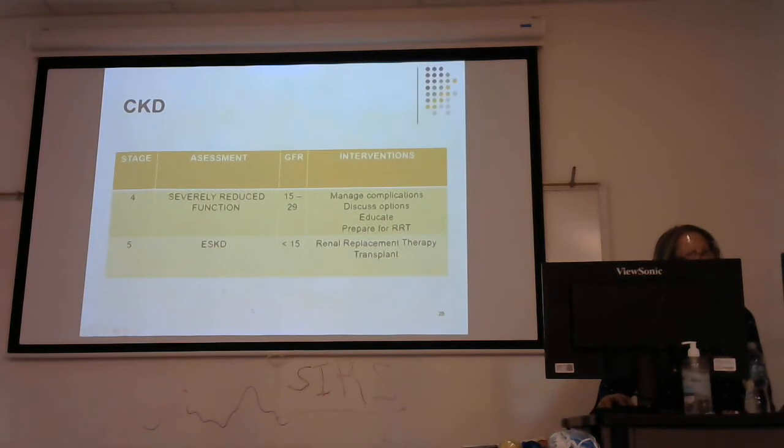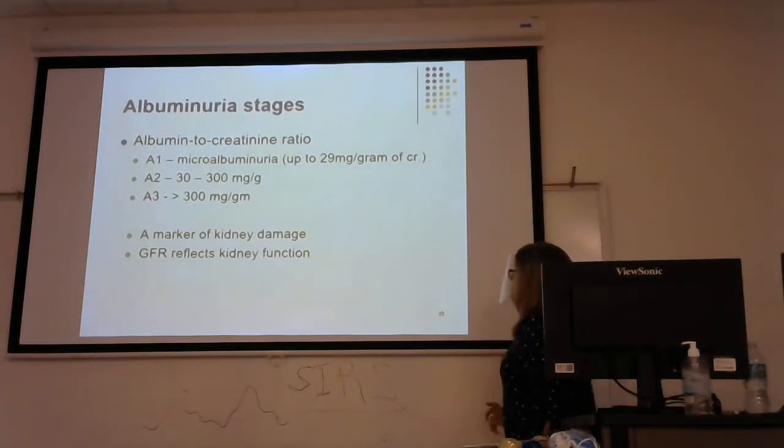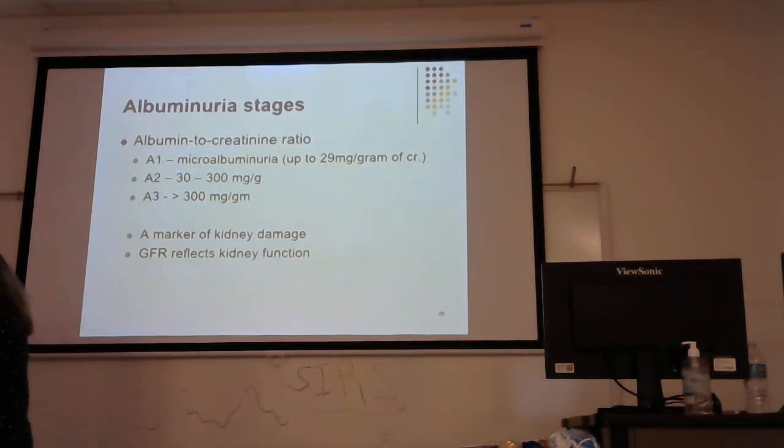Another marker that they use to look at renal function is called albumin to creatinine ratio, which they're looking at how much albumin you're spilling into that urine compared to creatinine. And they have found that with microalbuminuria, that's A1, stage 1, that's usually like the 1 through 5, that's probably around a 1 or a 2.